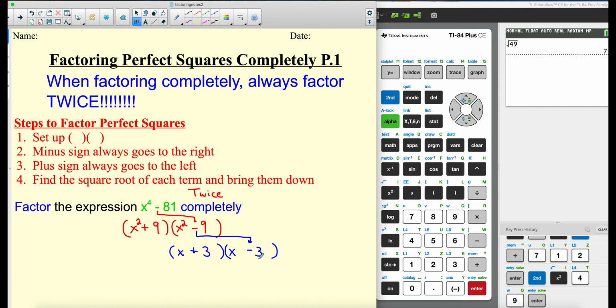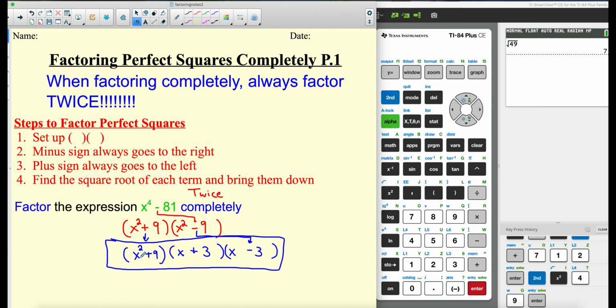Are you done? Almost. You see this first binomial, guys? This just comes down. That's it. You just bring it down. Parentheses, x squared plus 9. You are literally just copying this first binomial down to the front, and then you factor the second one. So now, guys, instead of having 2 binomials for an answer, you now have 3.